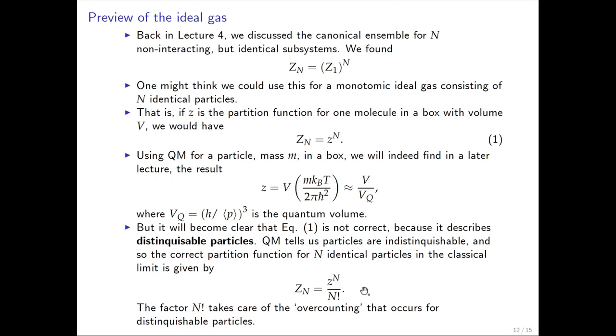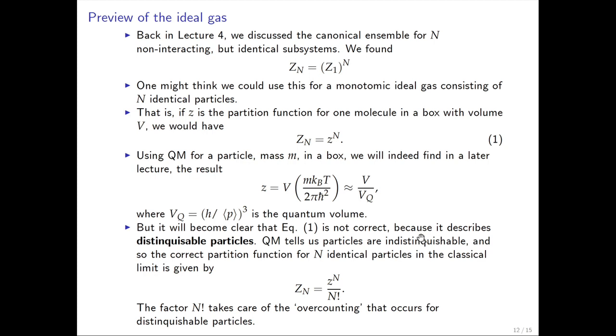This factor of N factorial takes care of the overcounting that would occur if you had distinguishable particles. That is, if I knew I had a particle that was definitely particle 1, I could label it particle 1, and then I have particle 2 I label with label 2, and so forth. That's what I'd get, right?